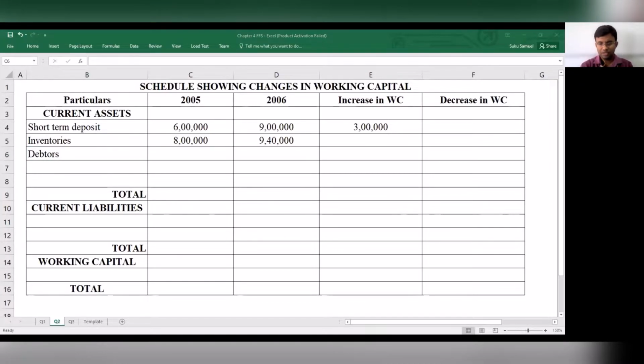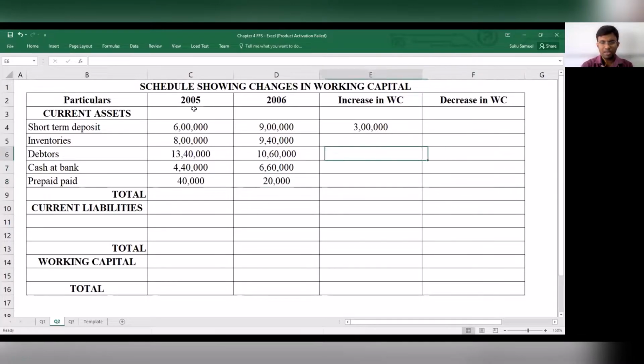Here it's 13,40,000, and here it is 10,60,000. Next is cash at bank, 4,40,000, and here it is 6,60,000. Then prepaid expenses, 40,000 and then 20,000.